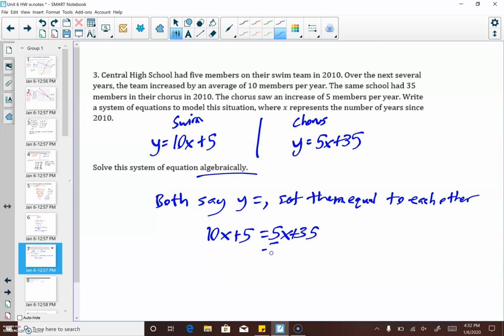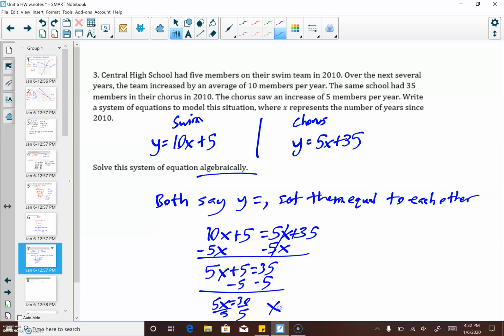I'll start by subtracting the 5x on both sides, canceling out the 5x on the right. So 5x plus 5 equals 35. I'll subtract the 5 on both sides. 5x equals 30. Divide both sides by 5, and I get that x is 6.